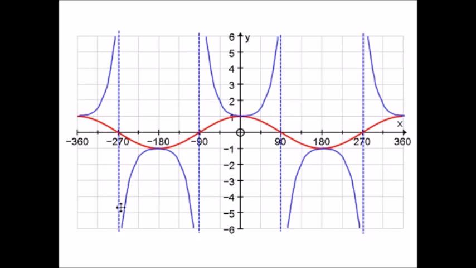Again, these N-shaped curves have a maximum of -1. That's the maximum y-coordinate. And the U-shaped curves have a minimum y value of 1 here and here. The graph repeats every 360 degrees or 2 pi radians.